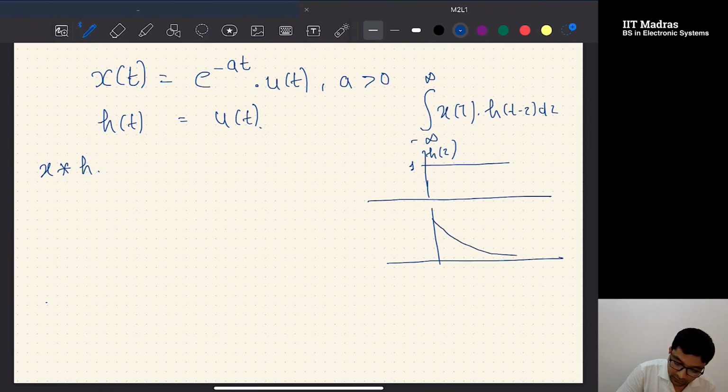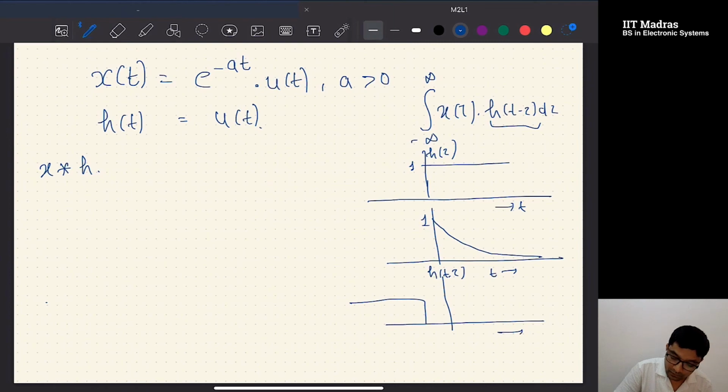So it will start from here, taking a value of 1 at 0 and so on. Now I need to look at this signal h of t minus tau. H of t minus tau, I just shift it towards here. This is h of t minus tau, and I need to look at what happens to this if the signal moves towards the right.